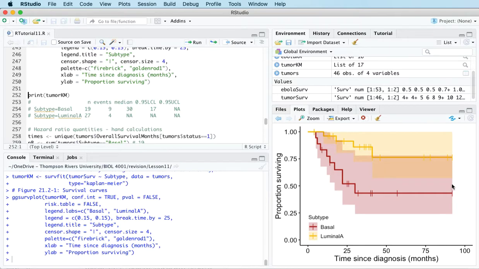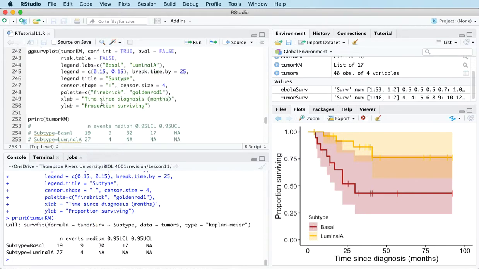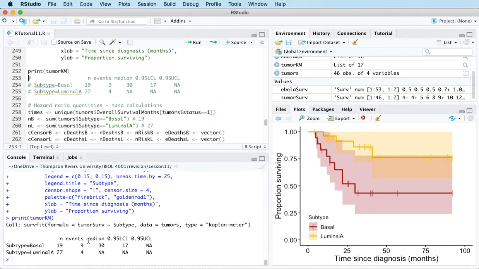We don't actually hit the yellow curve, so we can confirm that by printing the survival object. Under median we've got 30 months for the basal subtype, and not available for the luminal A subtype. That's because when we trace 0.5 here, we don't actually hit the yellow curve. The yellow curve doesn't drop to a survival of 0.5 within this time period.